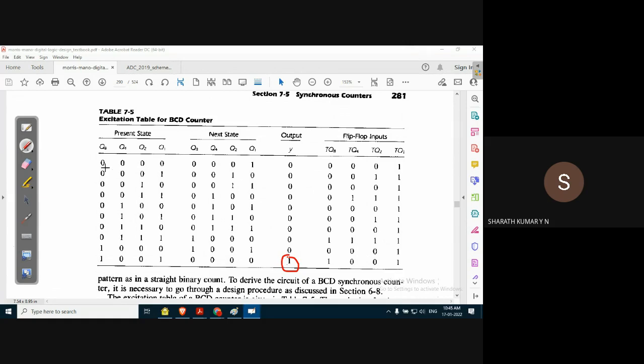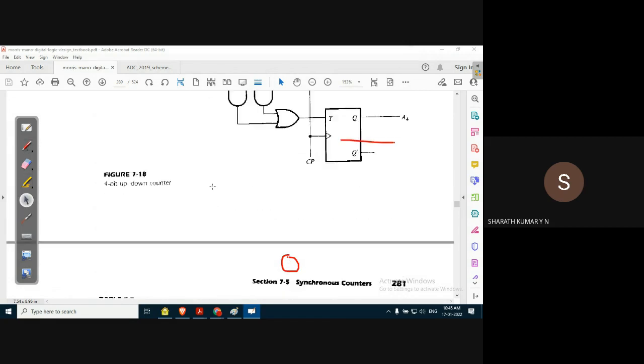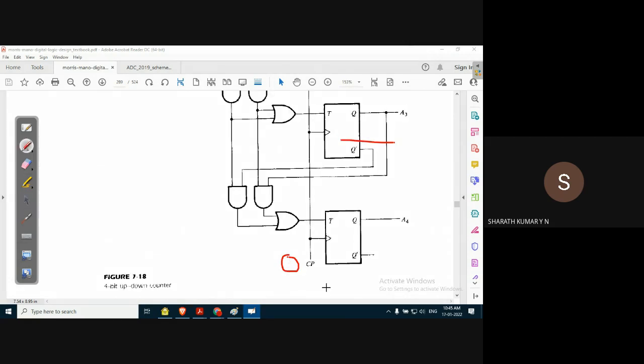Now for the flip flop, what should be the flip flop input? Which flip flop is preferable? Even if we make use of JK, we have to short the inputs and give it 1 to convert into a T flip flop. Instead, we can prefer the T flip flop instead of JK. The advantage is that we need not give two inputs.